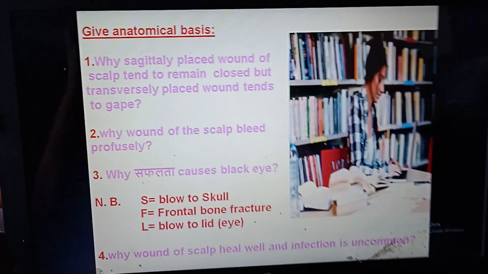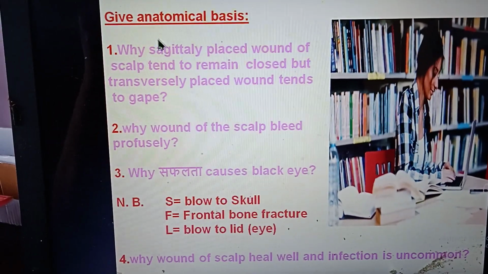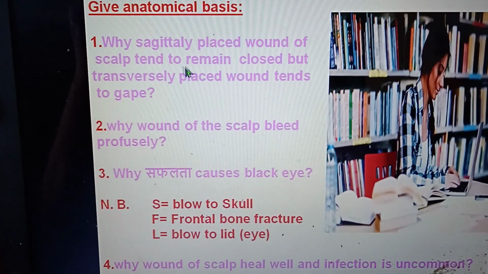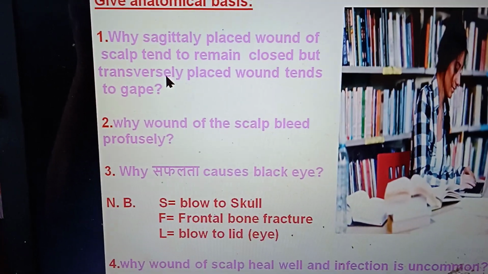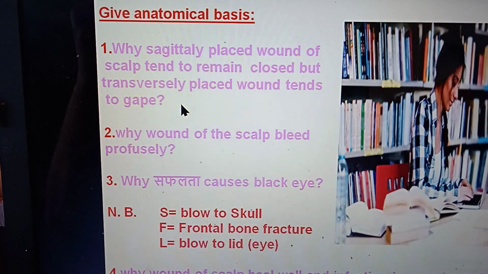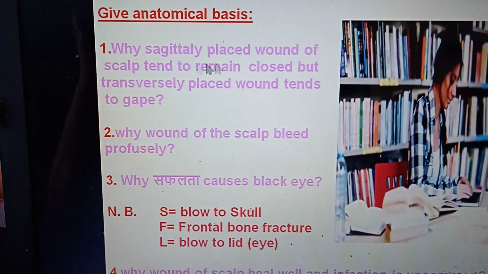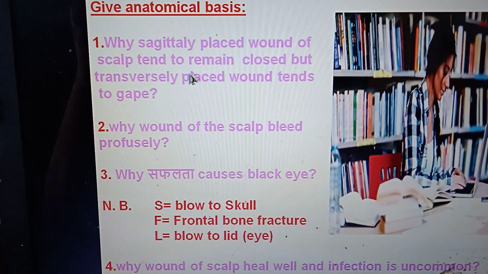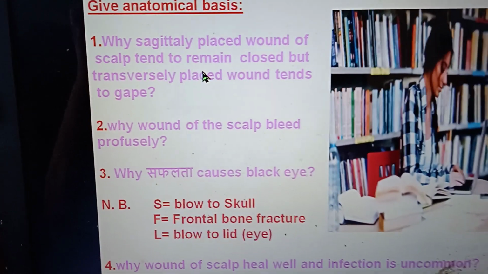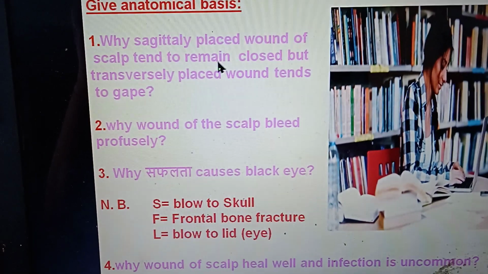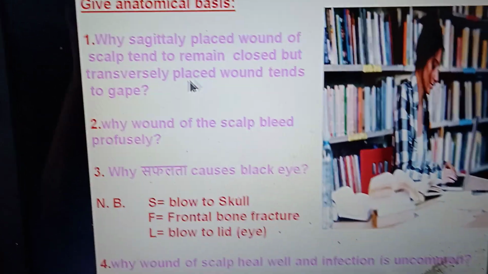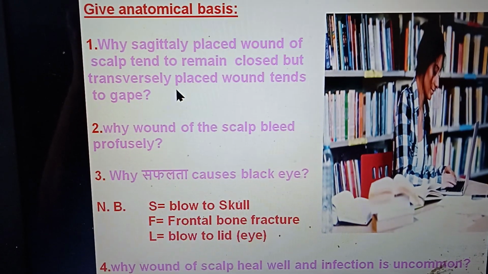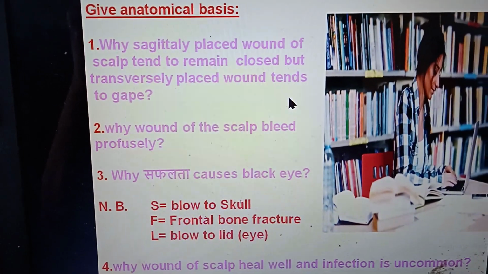Now these are the very important questions. Give anatomical basis. Why sagittally placed wound of scalp tend to remain closed, but transversely placed wound tend to gape? Because the fibers of the galea aponeurotica, the third layer of scalp, which is in between the two muscle bellies, the frontalis and occipitalis, run in longitudinal fashion.